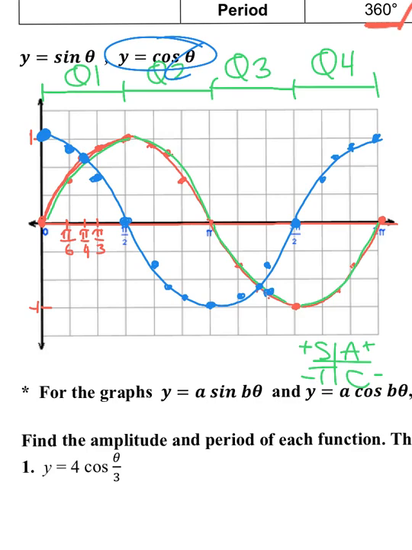All right, so the cosine function that is in blue, and again, it follows that All Students Take Calculus, where cosine is positive in the first quadrant, negative in the second, negative in the third, but positive in the fourth quadrant. So you can see that in the graph. We got positive in the first quadrant, negative in the second quadrant, negative in the third quadrant, and then positive again in the fourth.